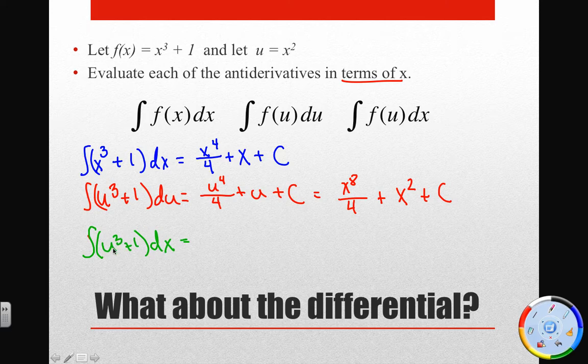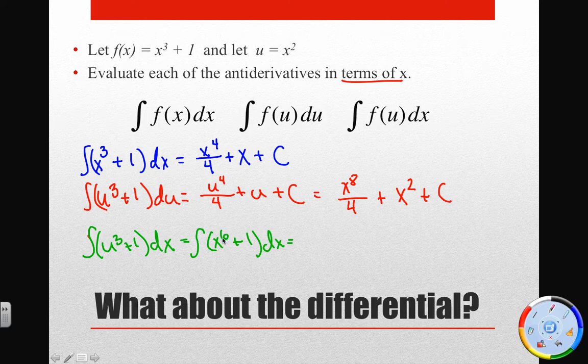But I know that u is x squared, so now I have to change this to my x's. So u cubed becomes x to the 6th plus 1 dx. And now I can find the antiderivative.